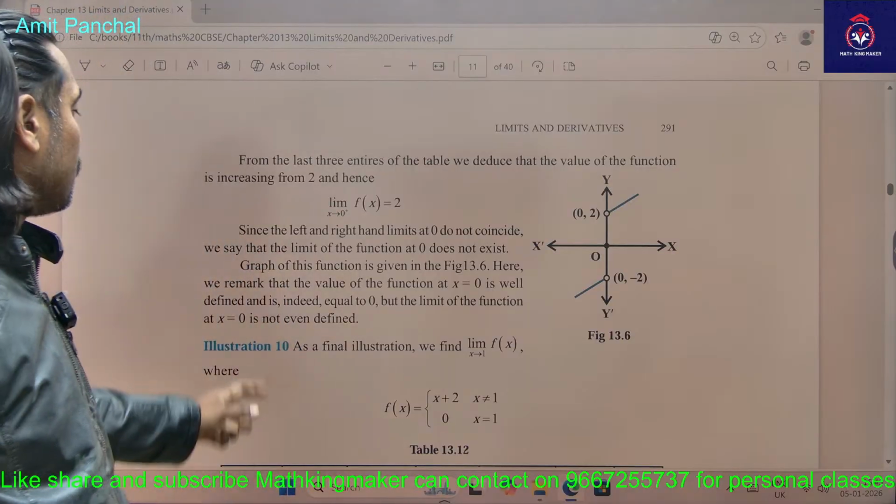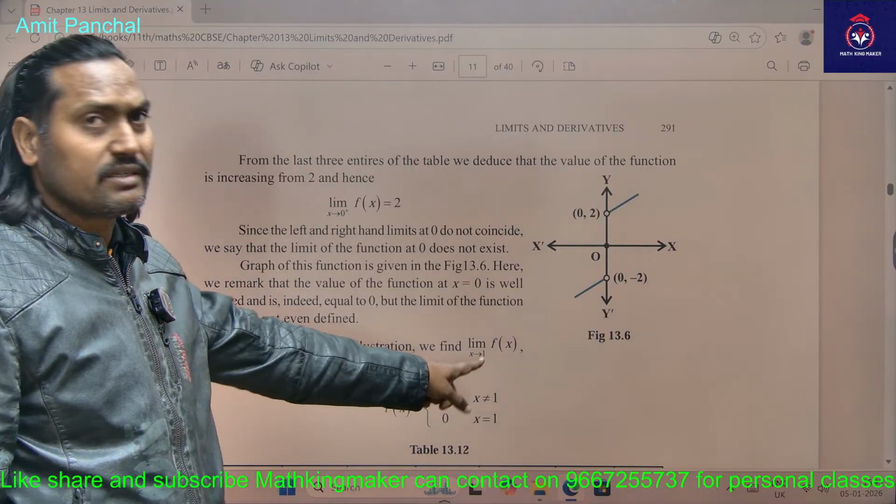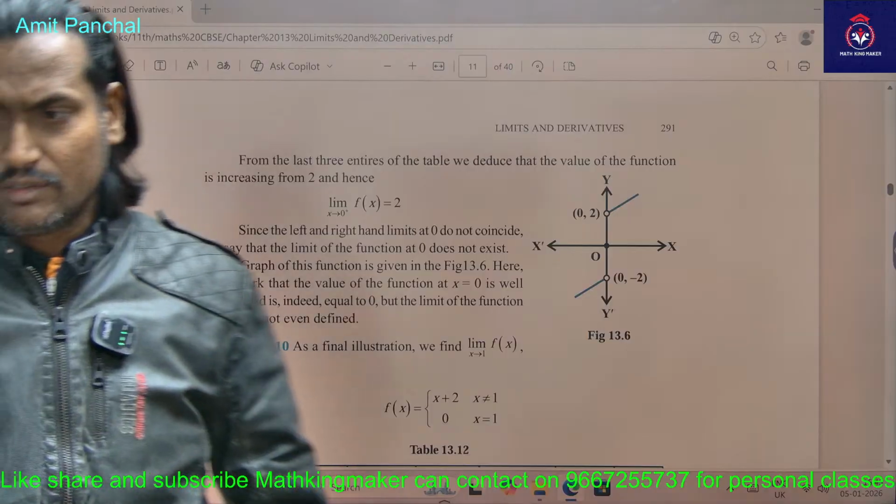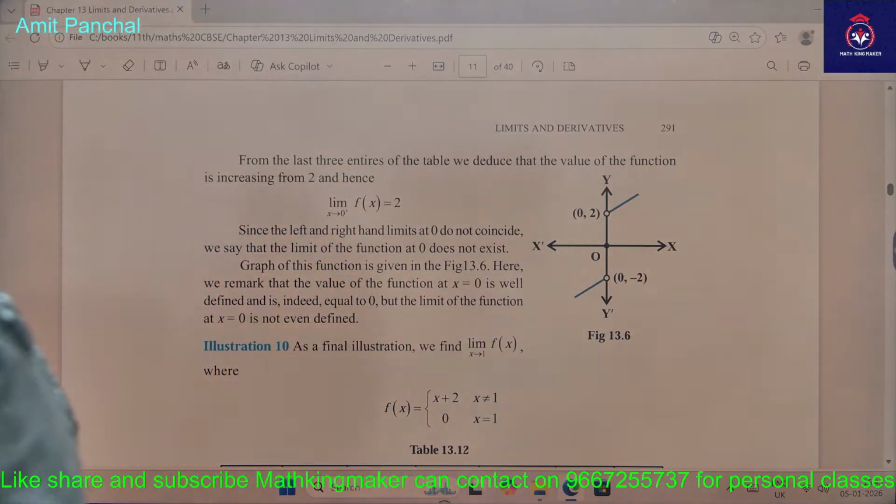So now you have to test the limit at x tending to 1. Okay. Just try to do it. Yes, sir. Did you understand the concept? Yes, sir.